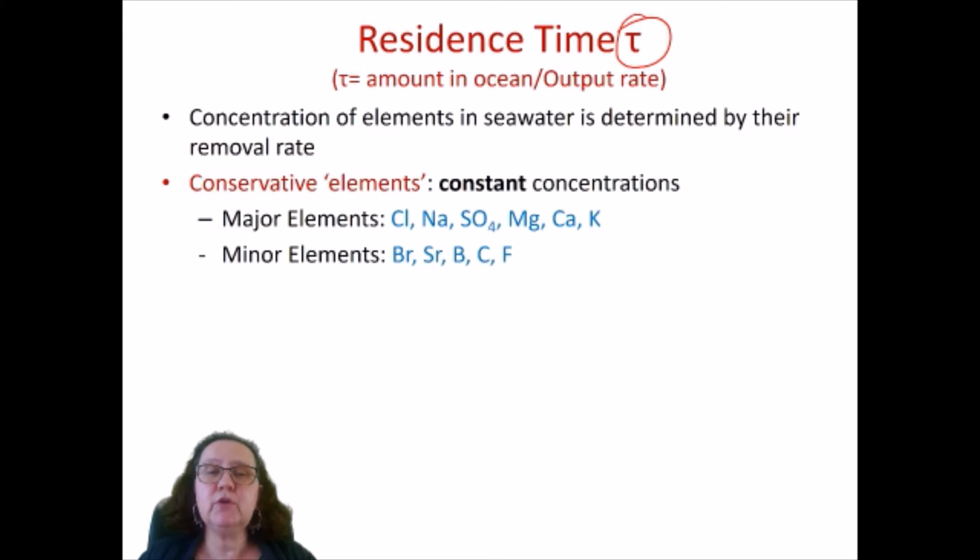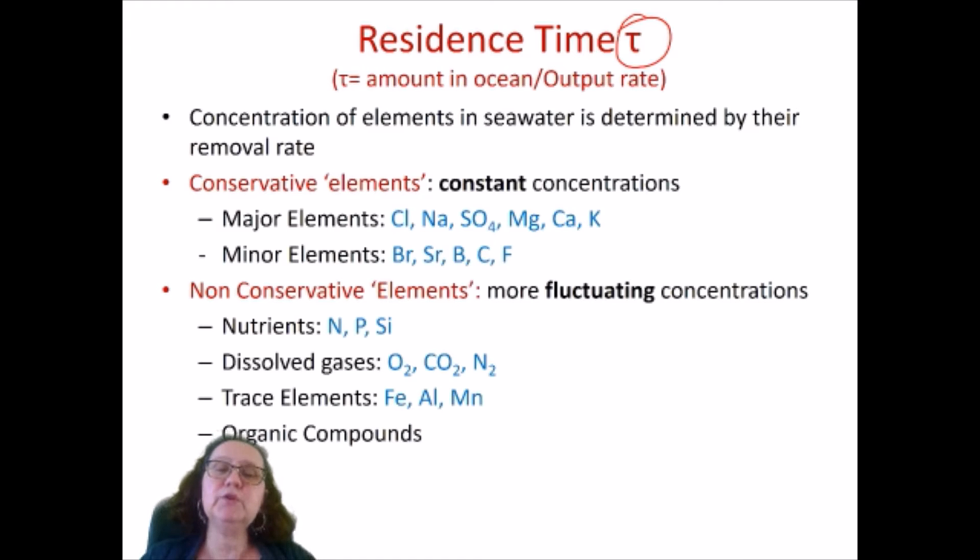You have what we call conservative elements, which tend to have constant concentration. For example, chloride ions, sodium ions, sulfates, etc. And also some minor elements like bromine, strontium, carbon or fluorine, which have a more or less constant concentration in an ocean.